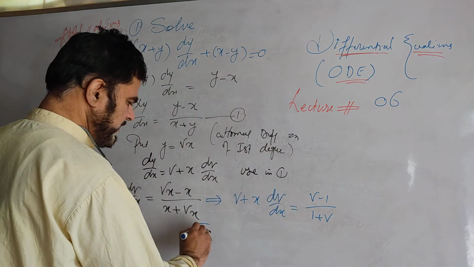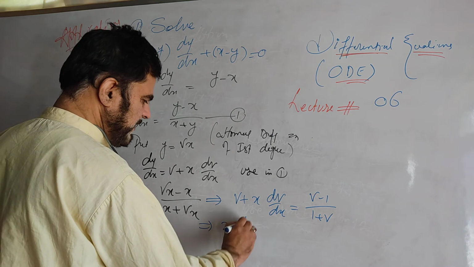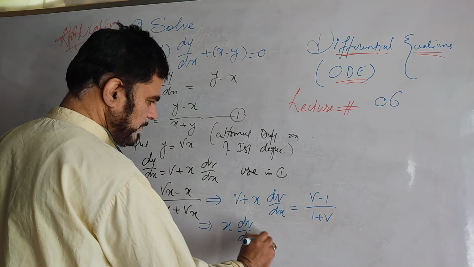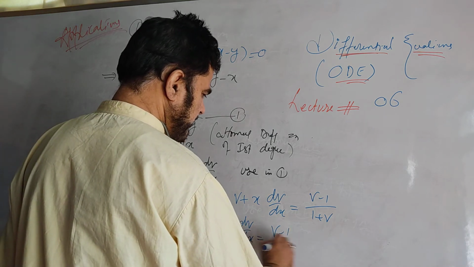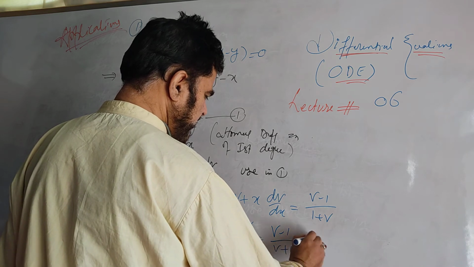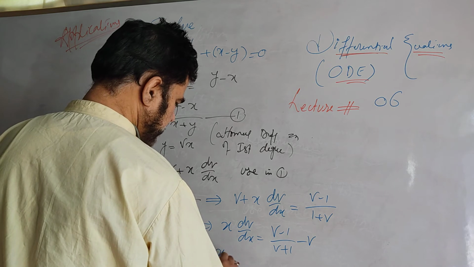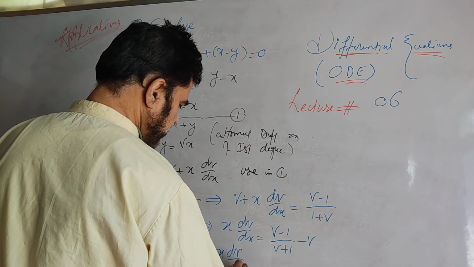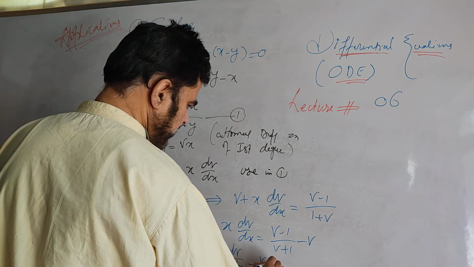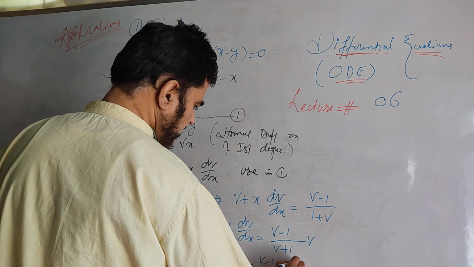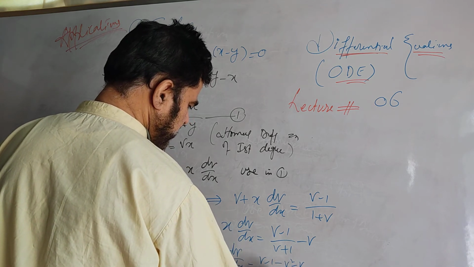You can write this x dv by dx is (v minus 1) by (v plus 1) minus v, which gives x dv by dx is (v minus 1 minus v square minus v) by (v plus 1).